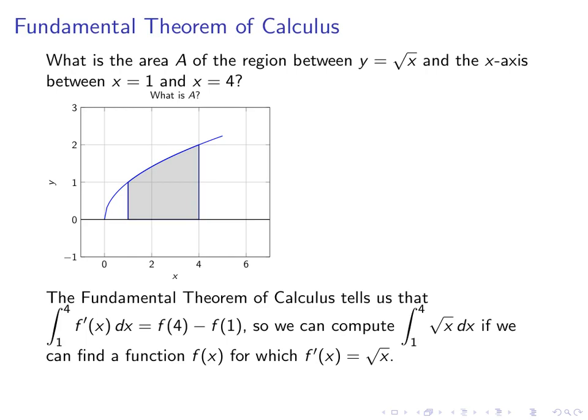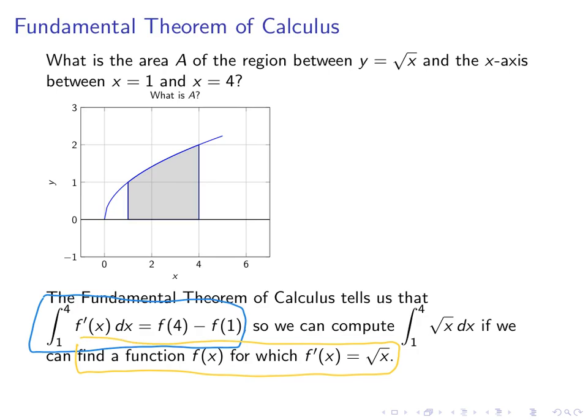So here's how I said that. The fundamental theorem of calculus says that we can figure out the integral of a derivative function very easily by just plugging in the endpoints of the integral into the original function. So that can only help us in this problem if we can find a function that has as its derivative the square root of x.